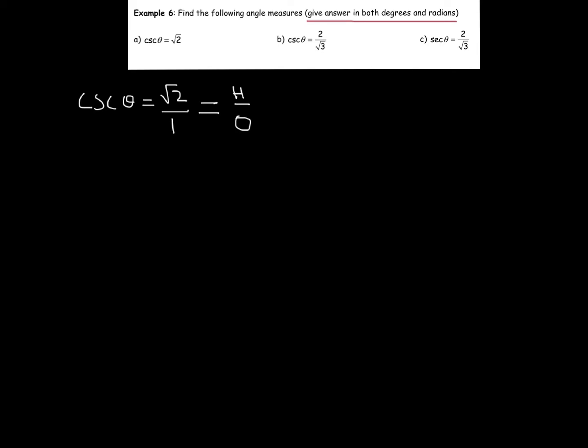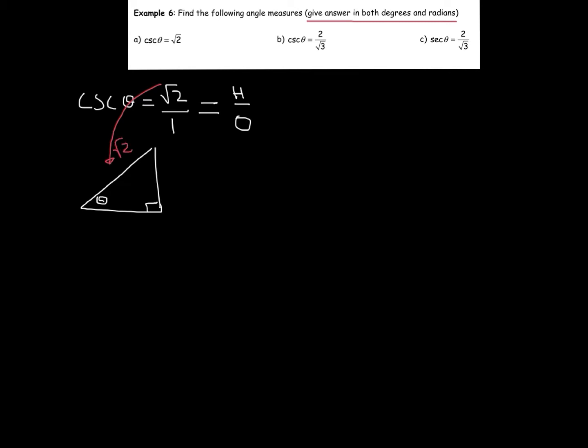So you're going to draw a little triangle and put theta right there. Hypotenuse over opposite. My hypotenuse is root 2, so root 2 goes right there.